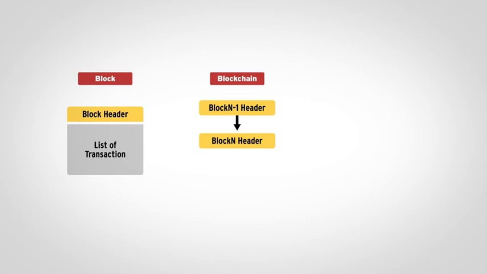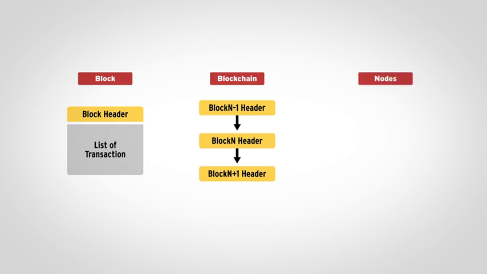And the node that will add the block n+1 will have in its header a connection to the block n header. It is these connections that maintain the chain. If we want to change anything in the block n-1, we would have to change block n as well as block n+1. This is what makes it very difficult to make any changes to a blockchain.